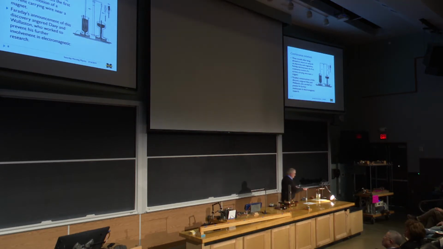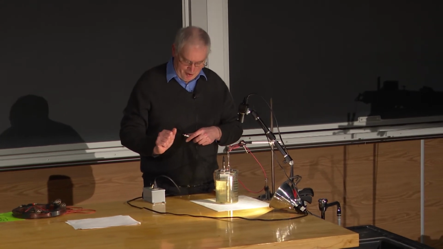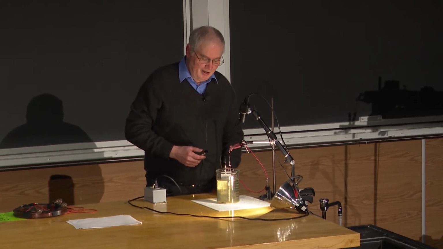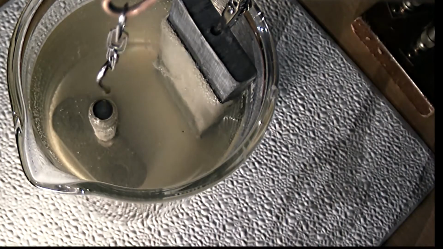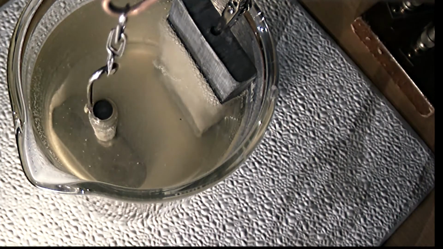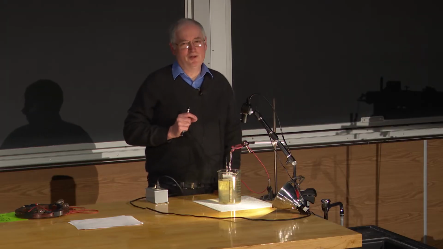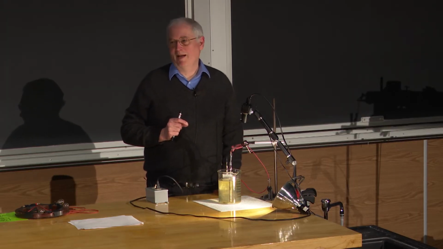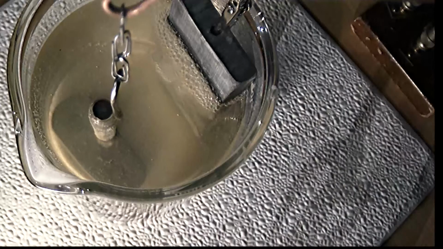We have a model of that, except we're using salt water instead of mercury. And if we connect it to the battery, what we see is this example of continuous motion coming from electricity and magnetism. Very first time in 1821 that this had been observed.